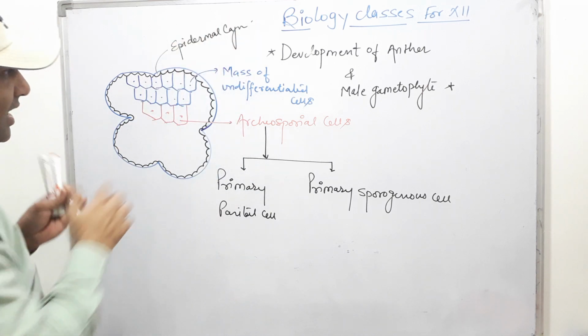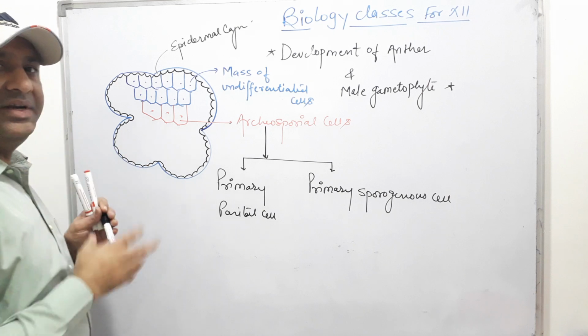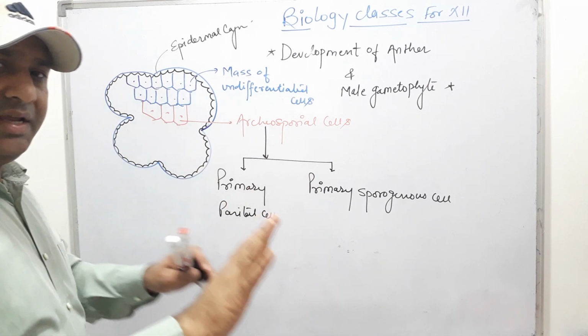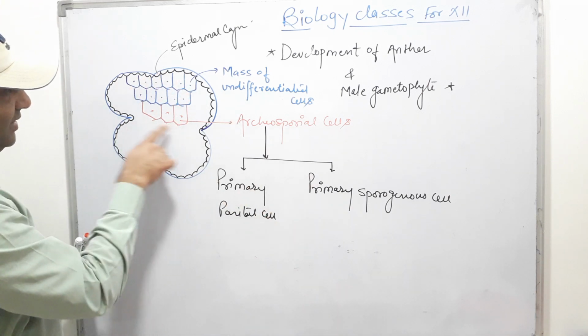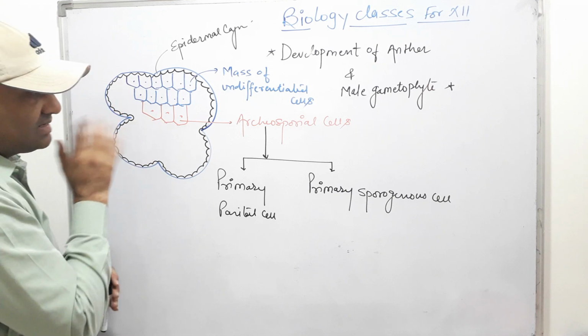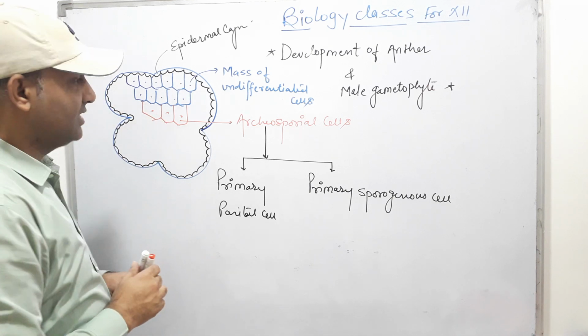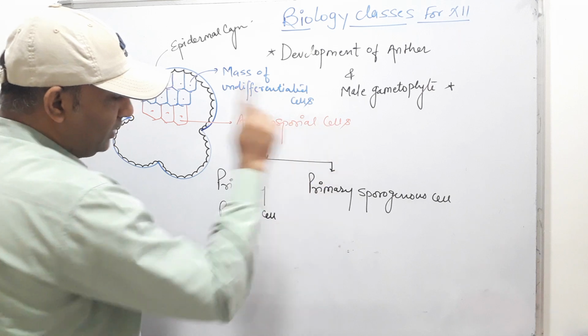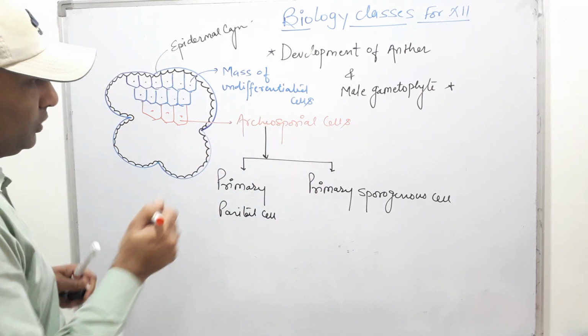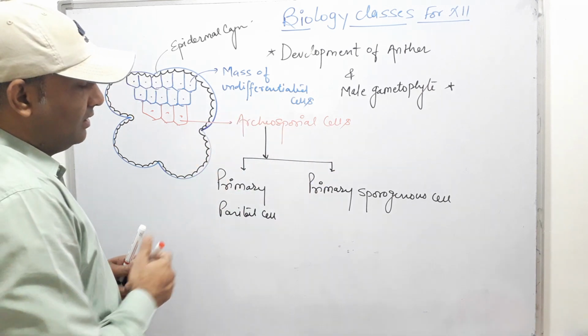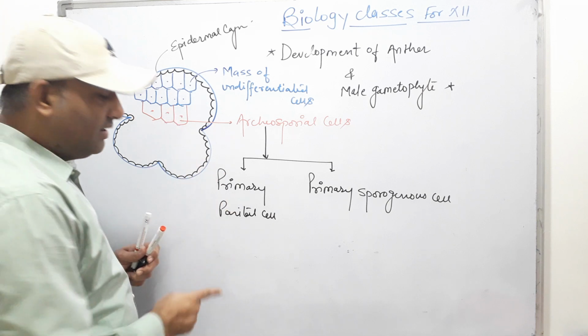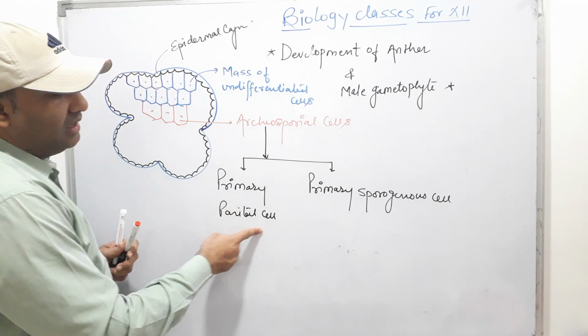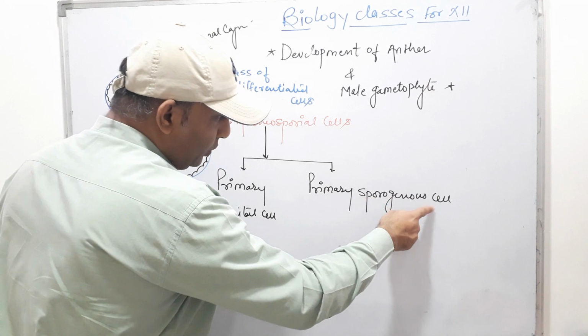Second, it contains the mass of undifferentiated cells or meristematic cells which are capable of producing any kind of cell. Among these cells, a few are larger in size and contain dense cytoplasm, which are called archaeosporial cells. Archaeosporial cells further divide and produce two types of cells. First is called primary parietal cell and second is called primary sporogenous cell.